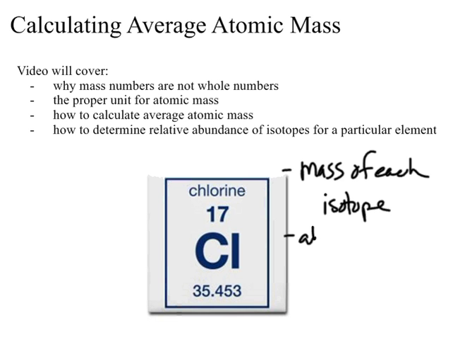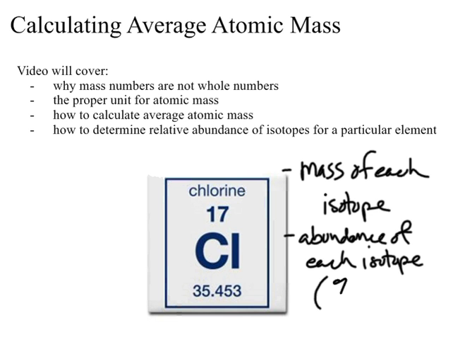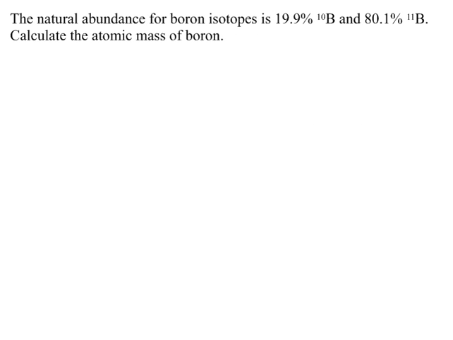And you need to know the abundance of each isotope, and the abundance is given in percentages. Okay, so the mass is going to be given in AMUs, and the abundance is given in percentages. Okay, and we're going to go ahead and do a problem like that now. All right. If you don't have the mass and you don't have the percentage, you cannot do the problem.